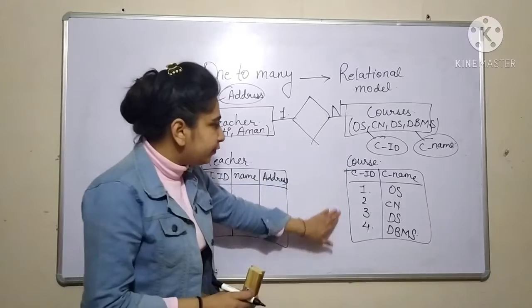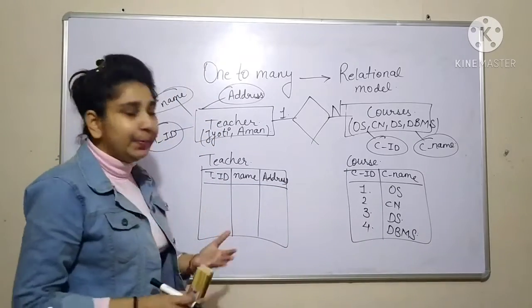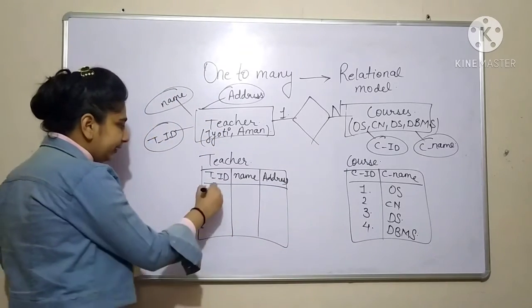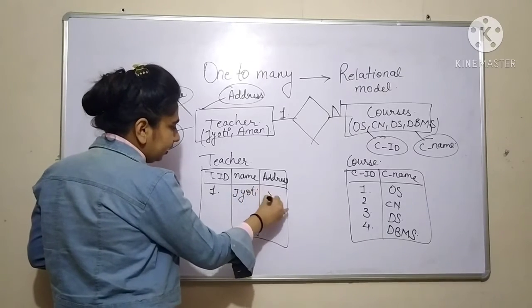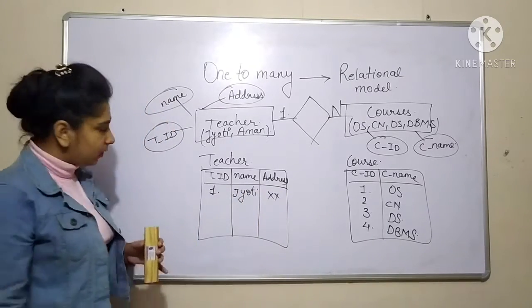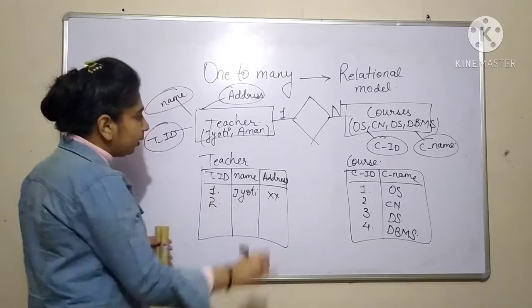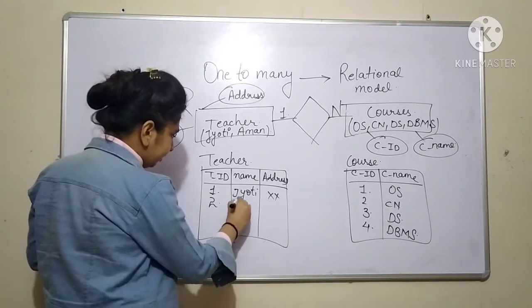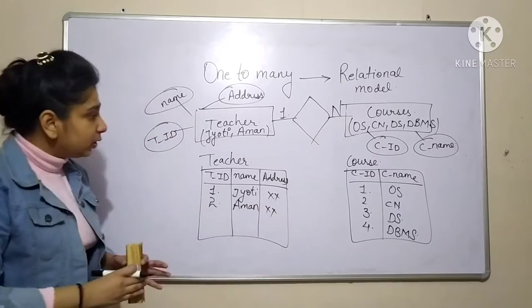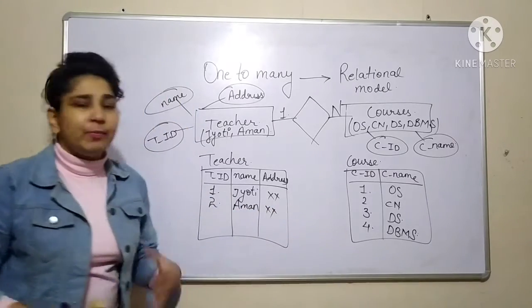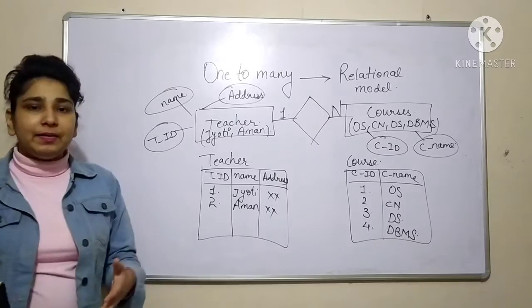And we have teachers, let's suppose Jyoti, who has some address, and the second teacher is Aman.